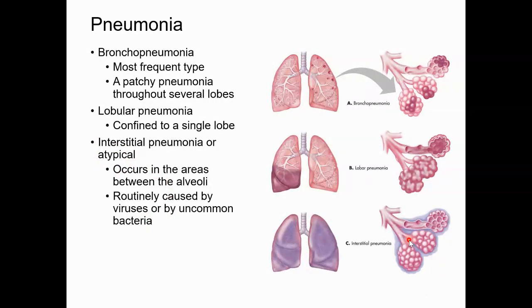You may have heard it called a walking pneumonia. And it's just in the interstitial areas. Symptoms tend to be mild, and they refer to it as a walking pneumonia because typically you can get an antibiotic, go home, and you're generally fine. It's not usually something that will hospitalize somebody.